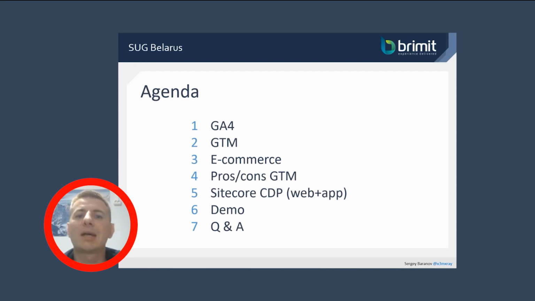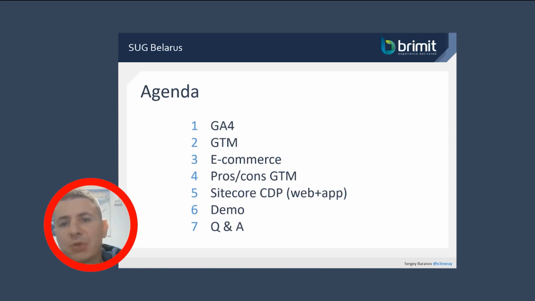And next, we will discuss advantages and disadvantages of third-party integrations with Google Tag Manager, like Sitecore CDP, Sitecore Sense, Sitecore Discover, etc. And at the end of my presentation, I will tell you about our project, show you possible architectural solutions, show you what variant we decided on.